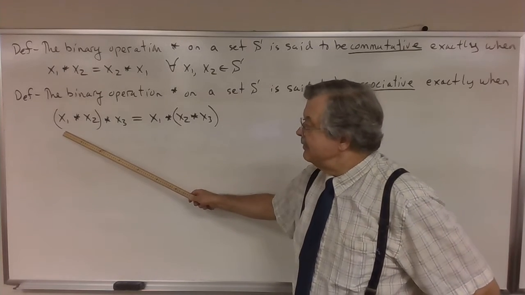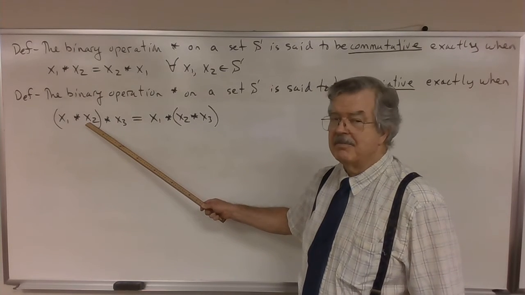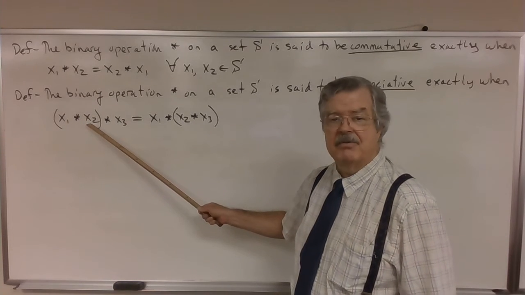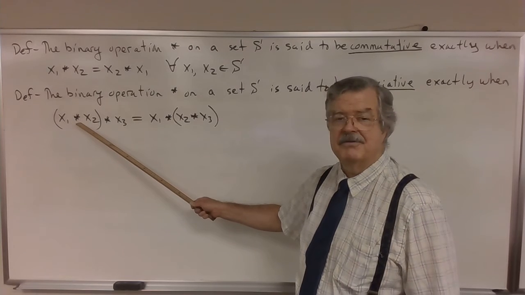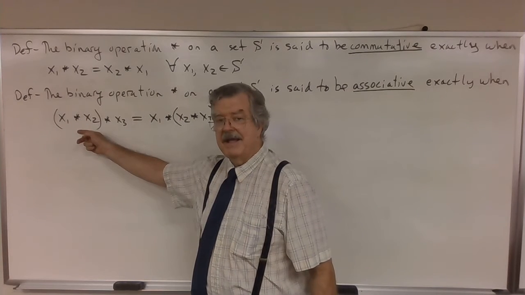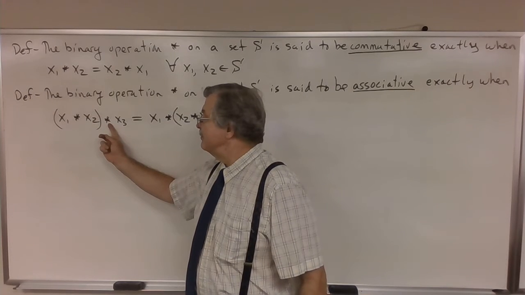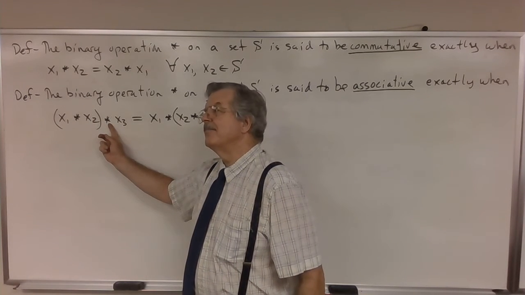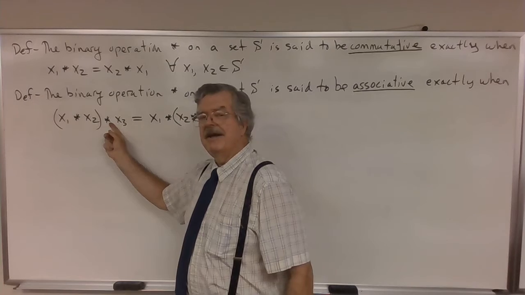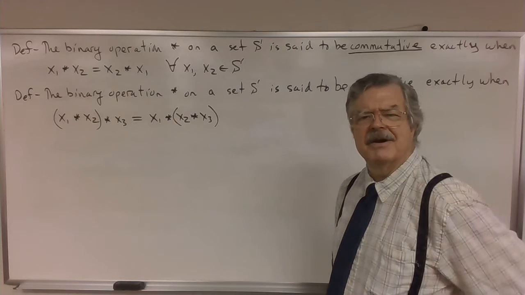By the use of parentheses, we can dictate which pair of elements the operation operates on first. x1 star x2 is in parentheses, so we compute this operation first. And the result is we get a third element from the set S. And this binary operation takes the ordered pair, this element of S, times that element of S, and assigns it a single element in S. Boy, that didn't sound right, did it?